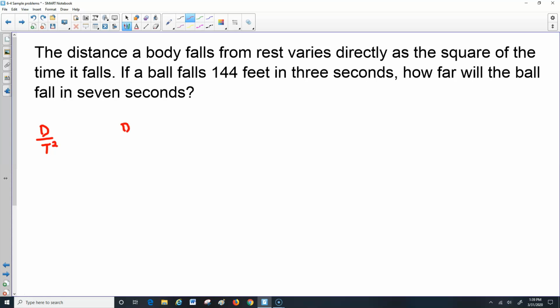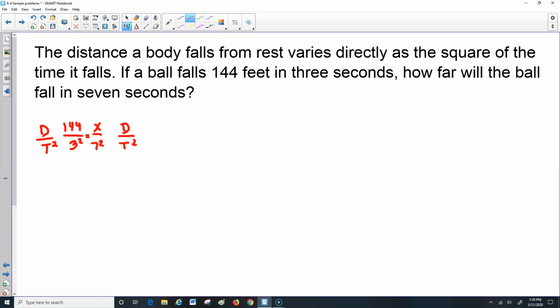So we'll be comparing distance and time squared. So for the first fraction, a ball falls 144 feet, that's a distance, in 3 seconds, that's a time, we have to square it. For our second fraction, we want to know how far the ball will fall, that's our distance, in 7 seconds. So we have to square the 7.